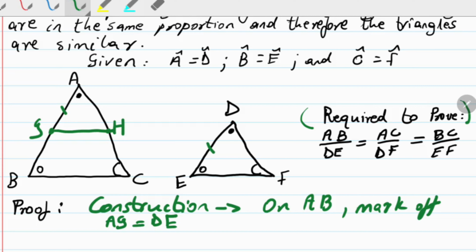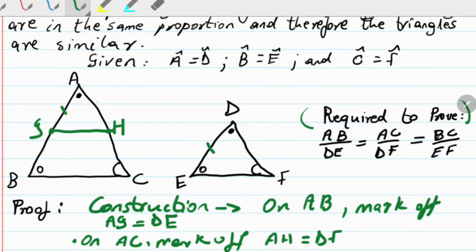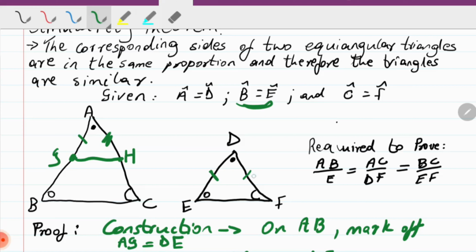Further, on AC, we mark off AH equal to DF.